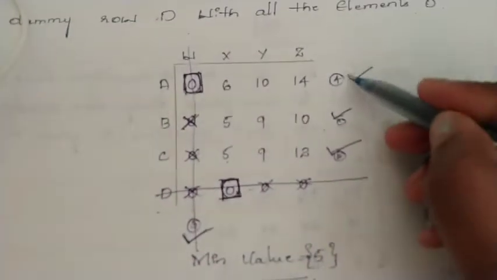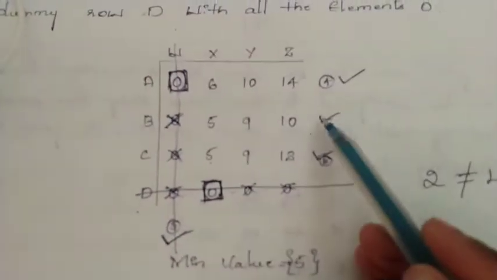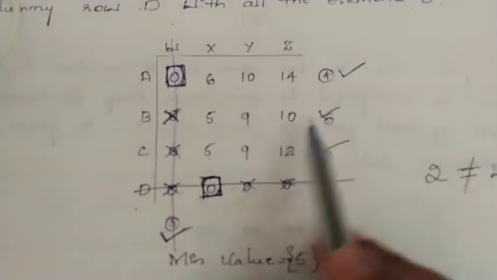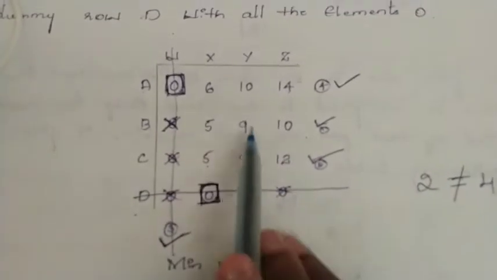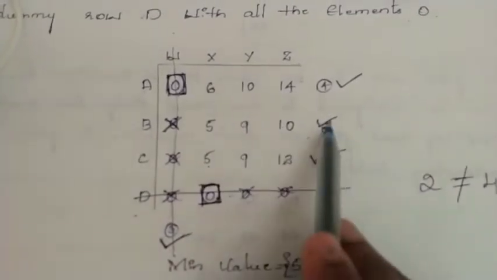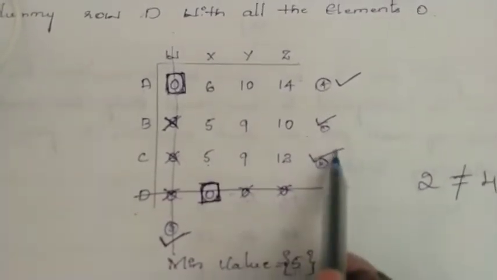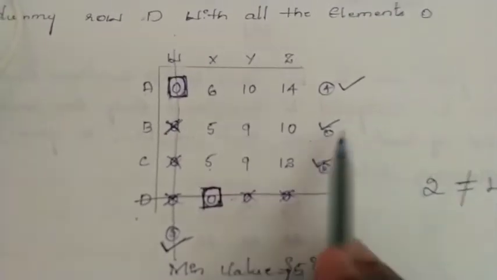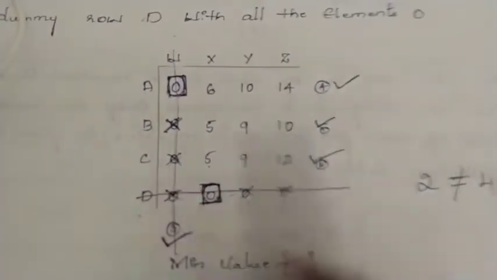I'll tell you once again. First you need to mark the rows which are not assigned, which do not have any assignment. In these 2 rows there is no assignment, so I have marked these with 2 tick marks. Once you mark the unassigned rows, go through those rows and identify whether there are crossed zeros.